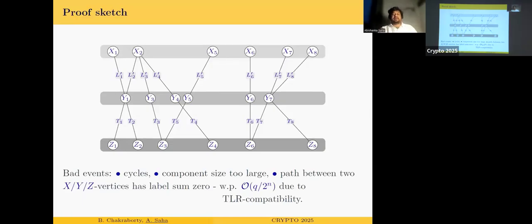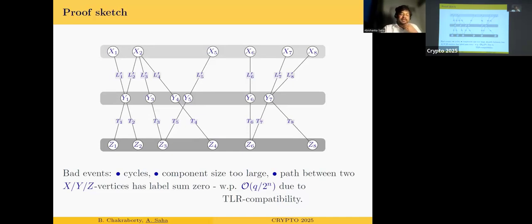Now we define the bad transcripts as those which result in graphs that contain cycles, or have a component of too large size, or have a path between two x vertices or two y vertices or two z vertices of level sum 0, because these conditions result in an inconsistent system of equations, which has no solutions respecting the permutation property of pi1, pi2, pi3.